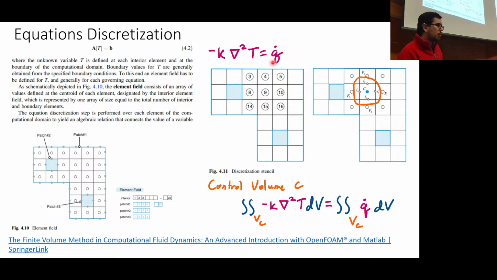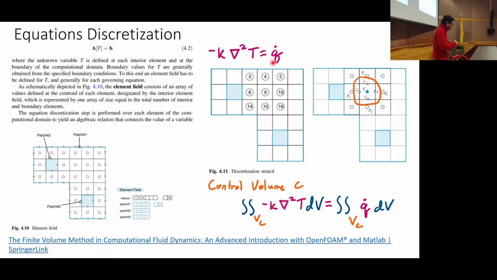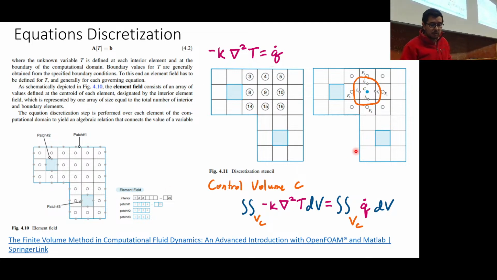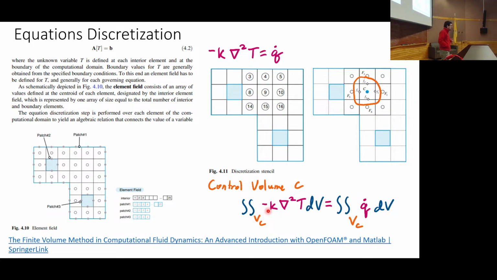That might have been generated, like maybe there's a laser focused right on that box, or maybe there's some kind of heat source there. Especially if it's the processor, right? The processor is patch number 3 over here. But whatever, the internal heat flux. And then you've got some interesting behavior happening with this volume integral on the minus Laplacian of T.